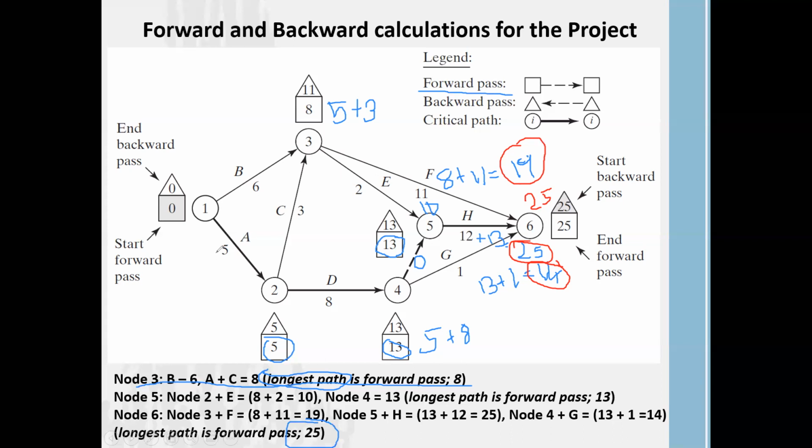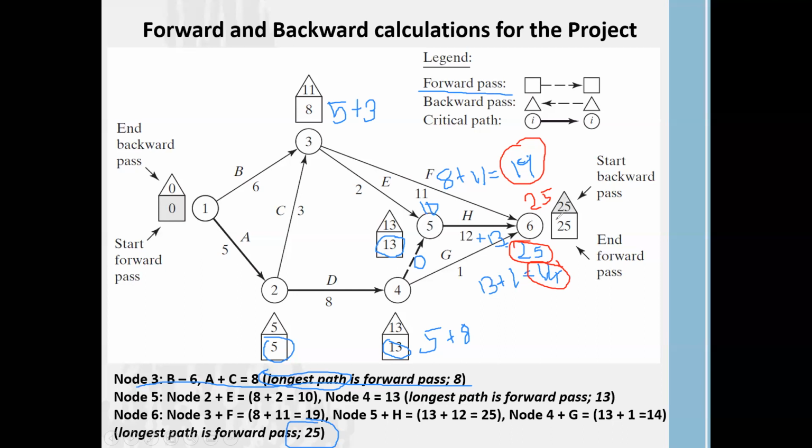Now someone can say we can go with A, D, and then directly go with G. It's only consuming 5, 8 and 1, only 14 weeks. But remember, to complete the project, you have to complete task 3 and task 5 also. So in order to complete all the 6 tasks, we are consuming maximally 25 weeks.